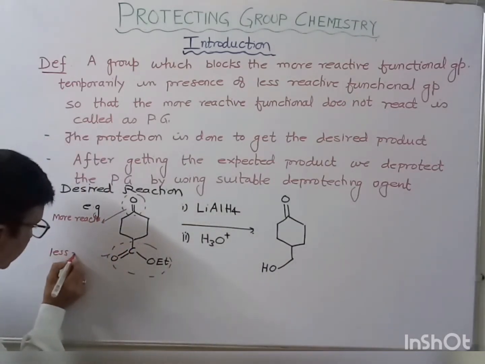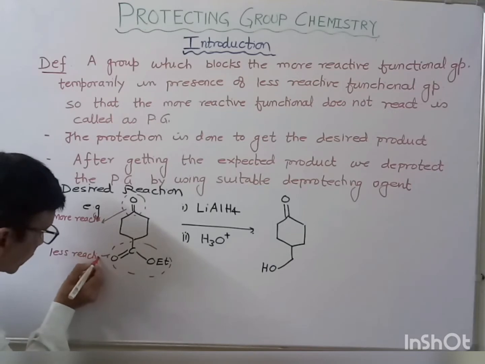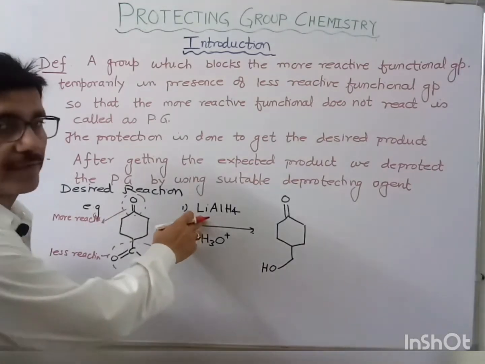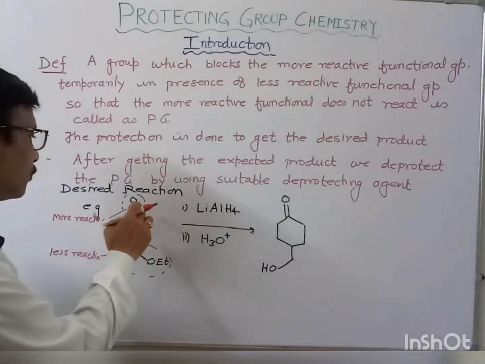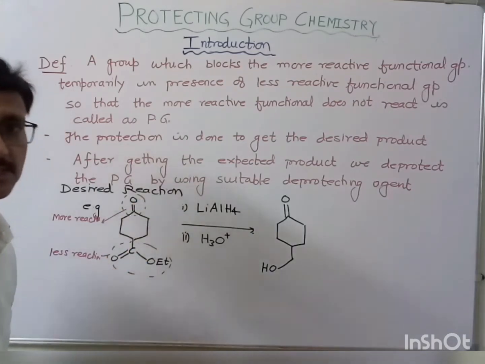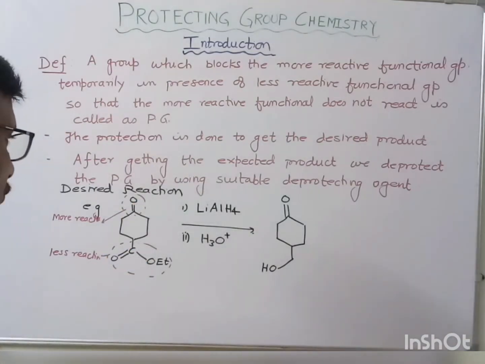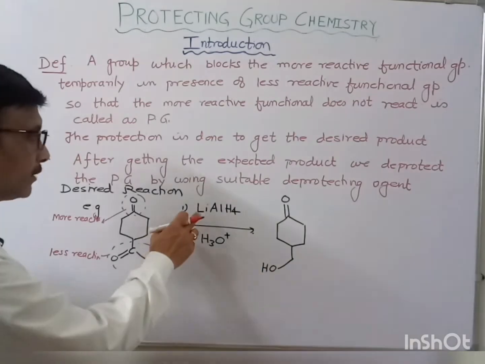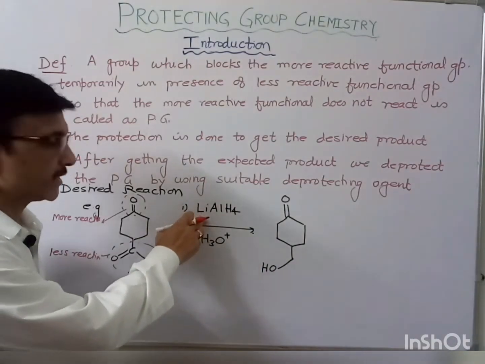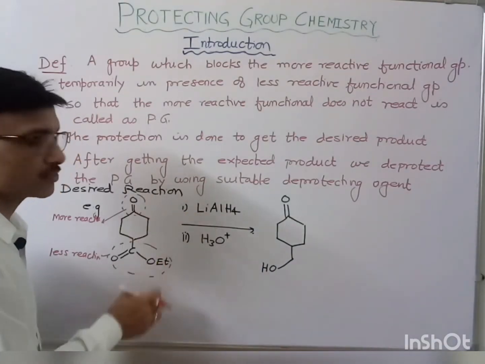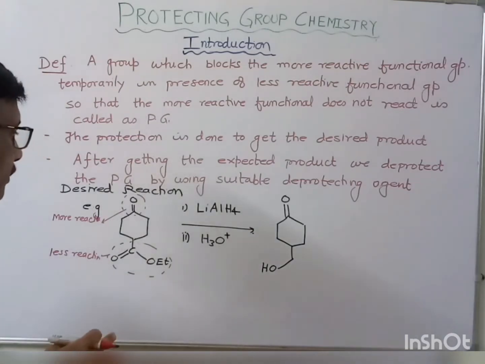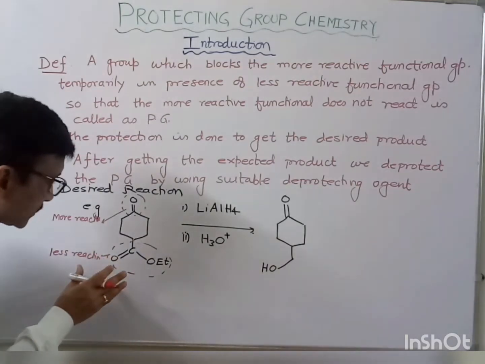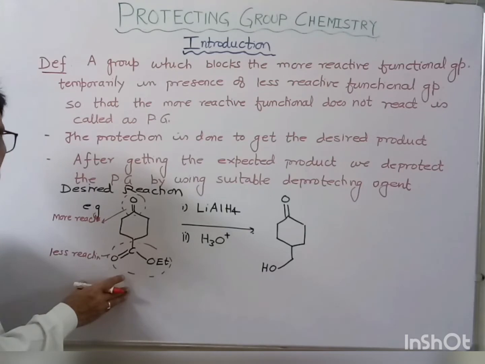This is less reactive. Okay, so lithium aluminum hydride can reduce both this keto group as well as the ester group. And this lithium aluminum hydride is a very strong reducing agent, so it can reduce both these groups. But what we want is to reduce this less reactive functional group only.